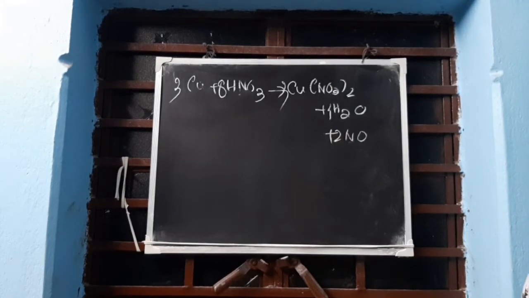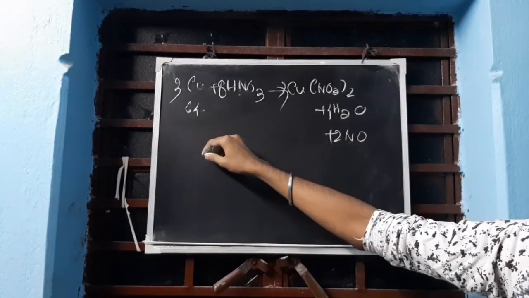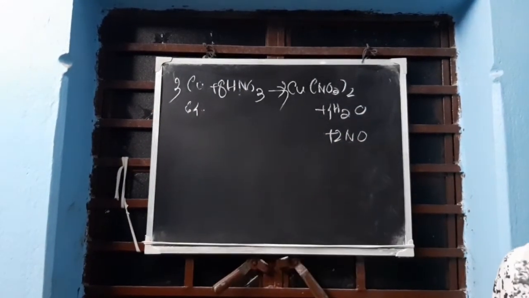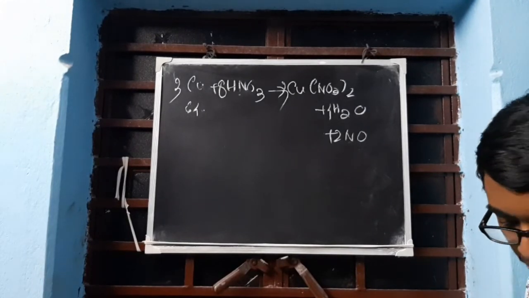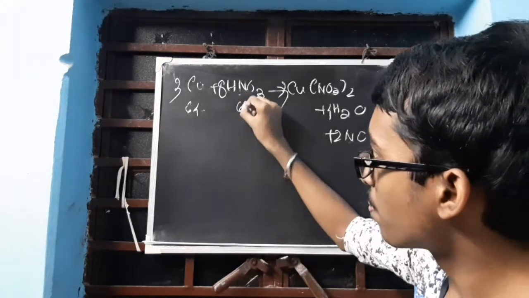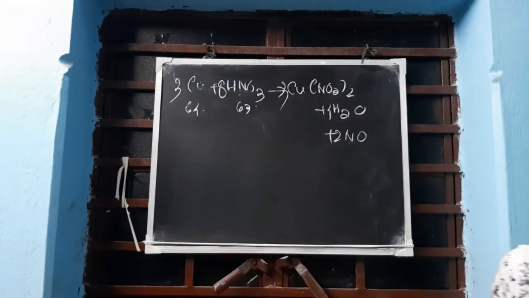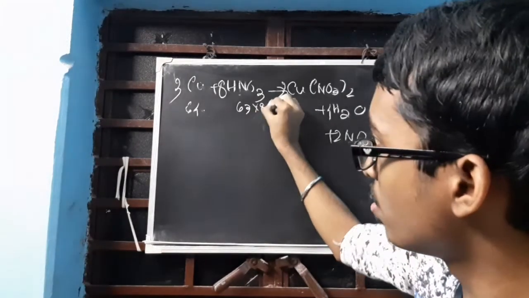Mass of copper needed to react with 63 gram of HNO3. Okay, first let us find out the mass. Copper is 64. HNO3 is 14 plus 48, 63. But here 8 times, so 63 into 8.